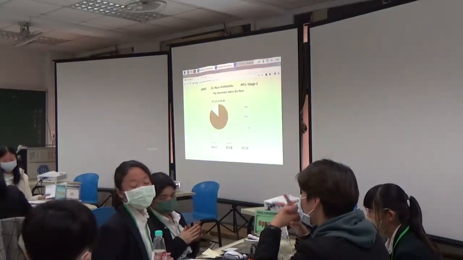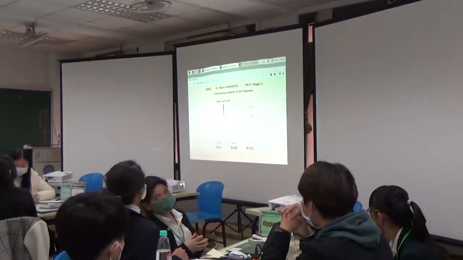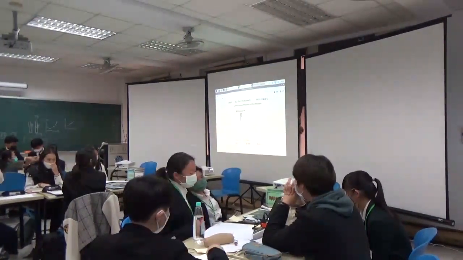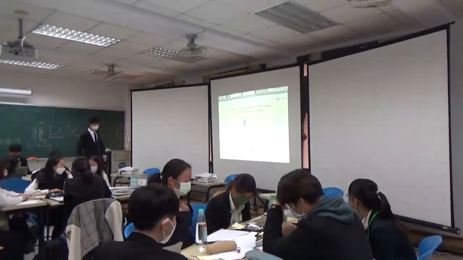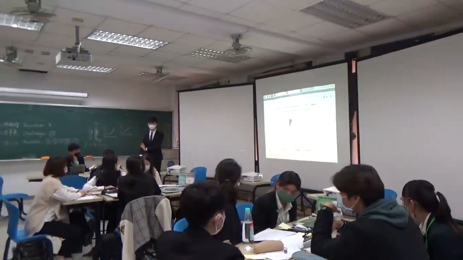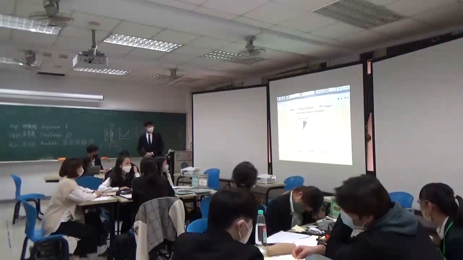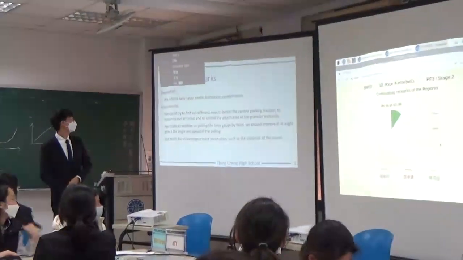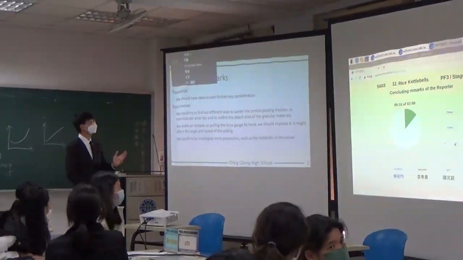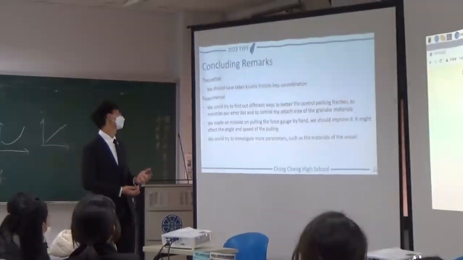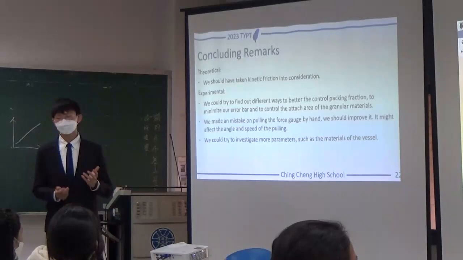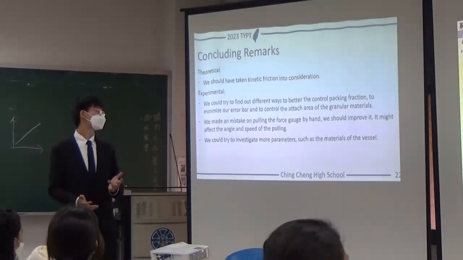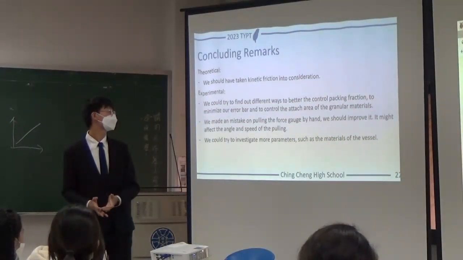Okay, the concluding remark of the report in 2 minutes. I'm going to talk about a concluding remark. The first is theoretical. The opponent suggests we should have taken kinetic friction into consideration, and we should put the kinetic friction formula.